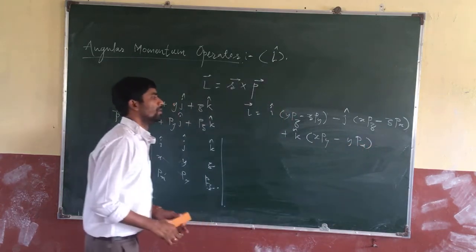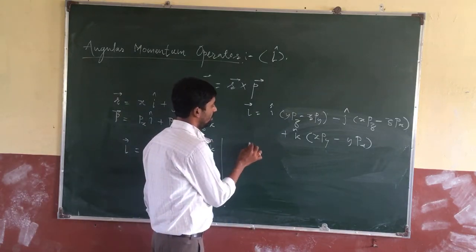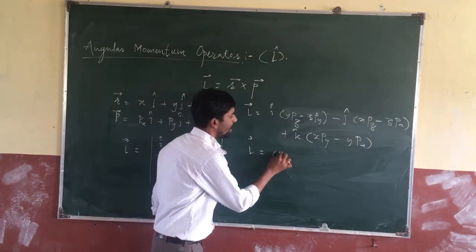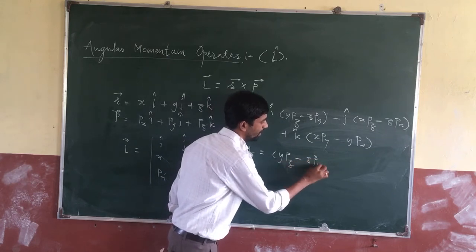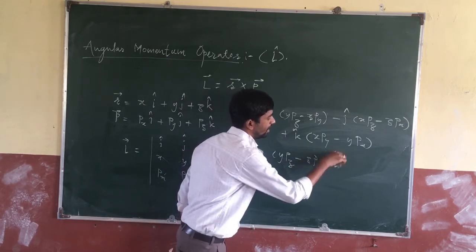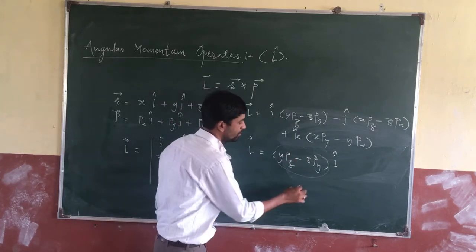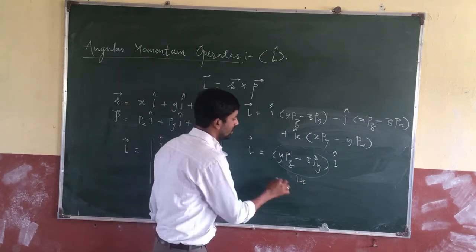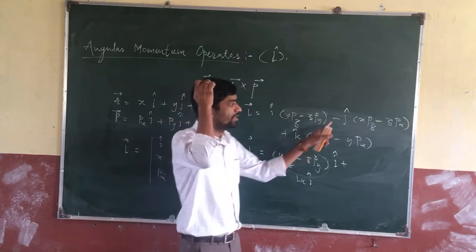In this equation, L can be written as (y pz minus z py) times i cap. This is the component along the x-axis; you can recognize this as Lx, so that is Lx times i cap. The second component has a minus sign.